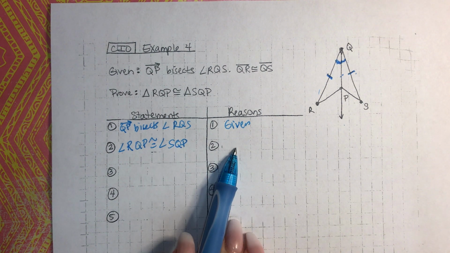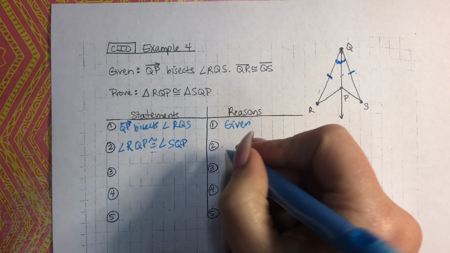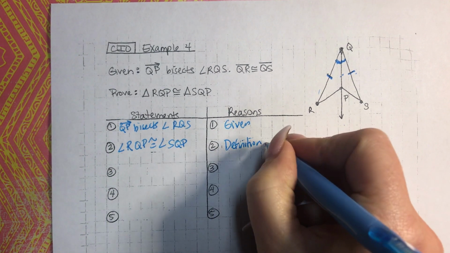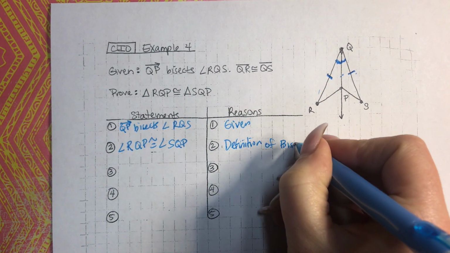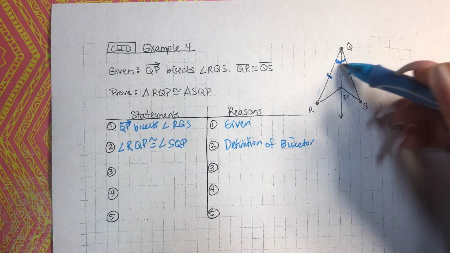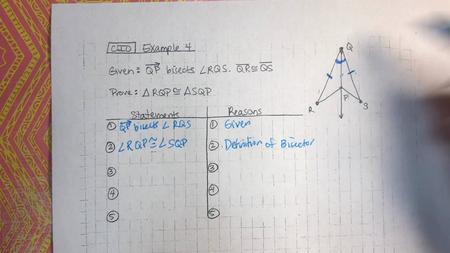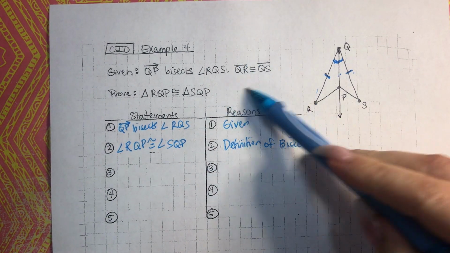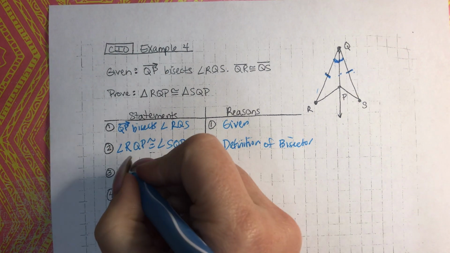Why? What is the reason? And the reason is because of the definition of a bisector. That's what it says in the definition. If a bisector bisects an angle, it cuts that angle in half, which means those two remaining parts are congruent to each other. Okay, perfect. Now let's add this piece.